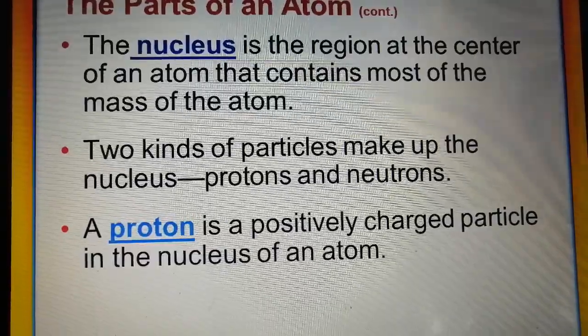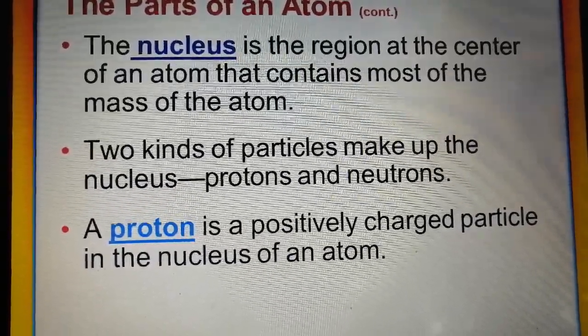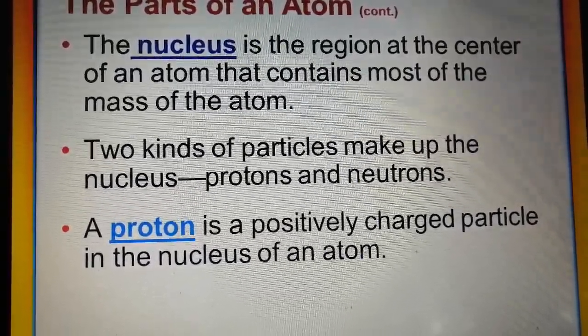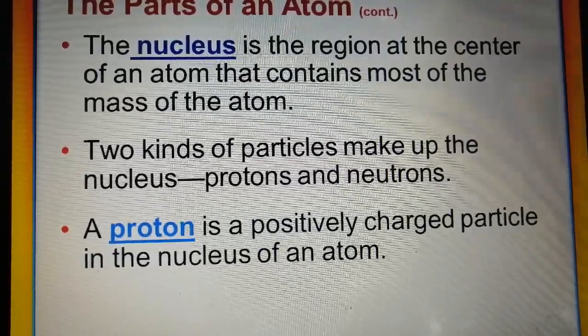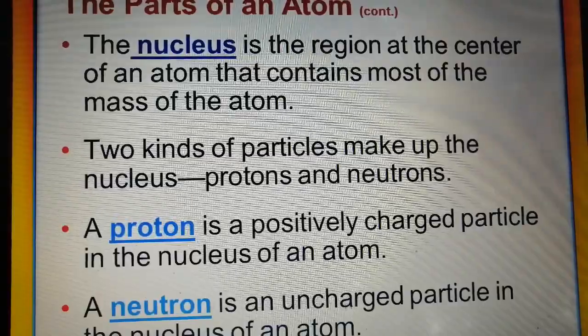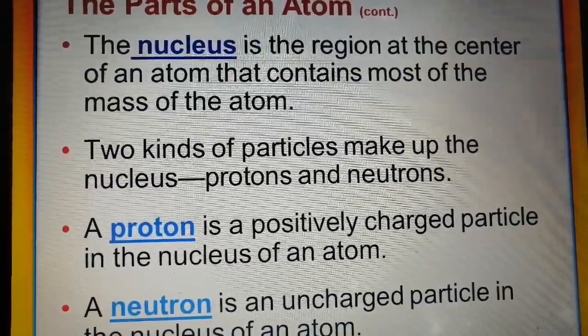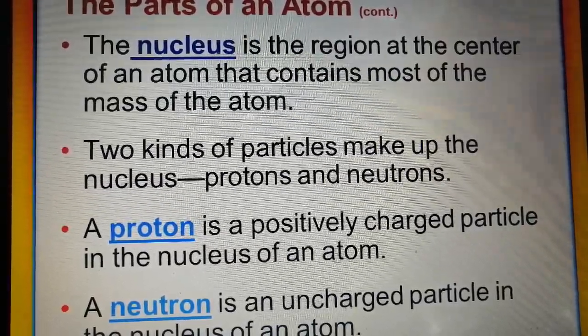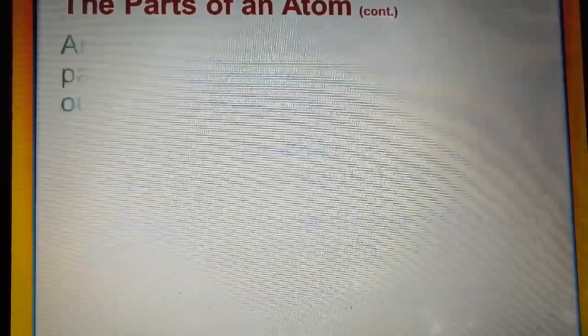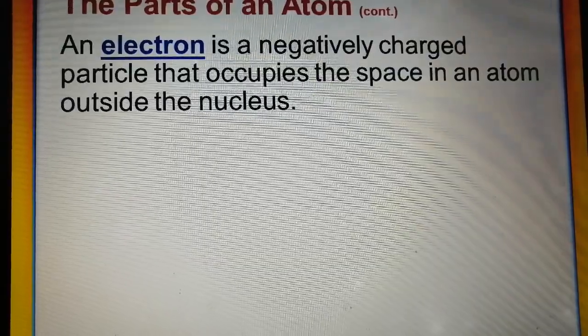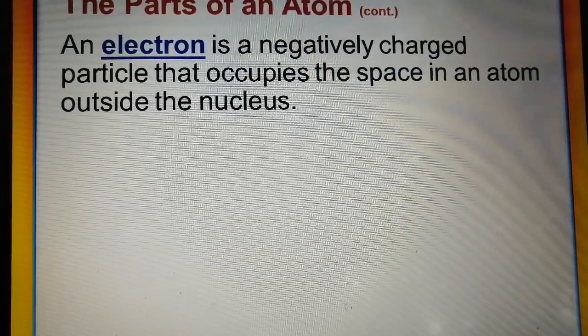First, what is a proton? A proton is a positively charged particle in the nucleus of an atom. So a proton has a positive charge. Number two, a neutron is an uncharged particle in the nucleus of an atom. Now, the third particle is called an electron.